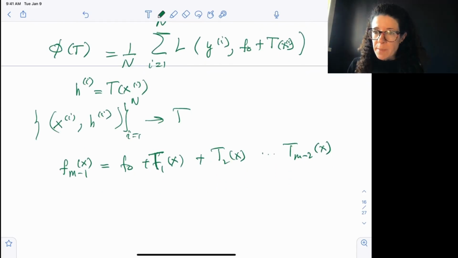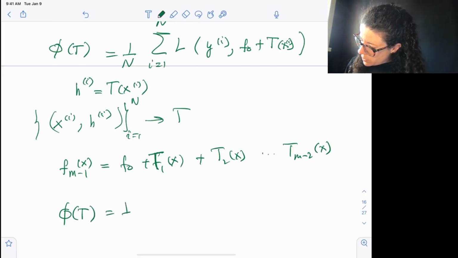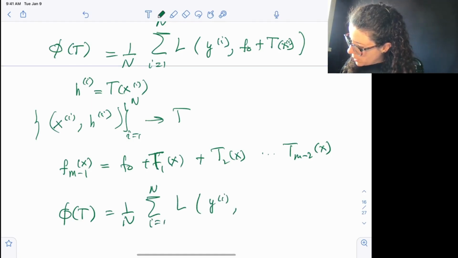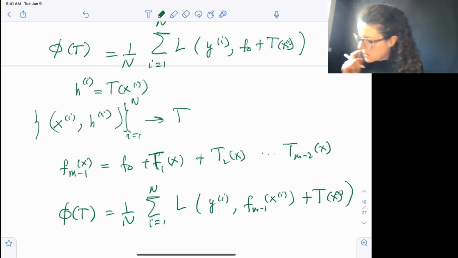So at step m, the function that I want to optimize, phi of t, is going to be 1 over n, sum of i equal 1 to n of L of yi, comma, f(m-1) in xi, okay? And then I want to find the new tree. So this is very similar to what we did before, except that instead of f0, I have f(m-1) that depends on the point that we are in, okay? So there's an i here, okay?